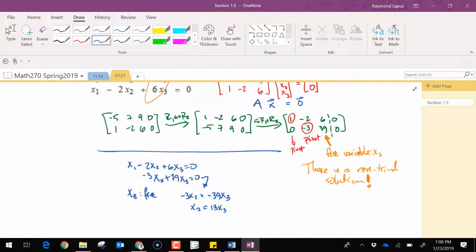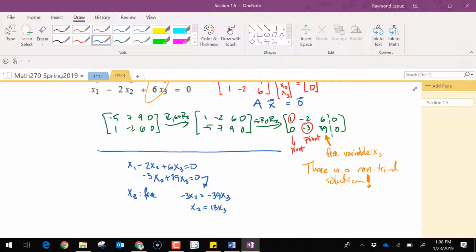Then you should have at least one pivot, because you don't have a free variable in the pivot column. So the weird thing is that you could tweak this so that the pivot is not in the first and second, but the first and third. But the way we set things up with the row echelon form, we usually have the pivot columns first and then the free variables last.